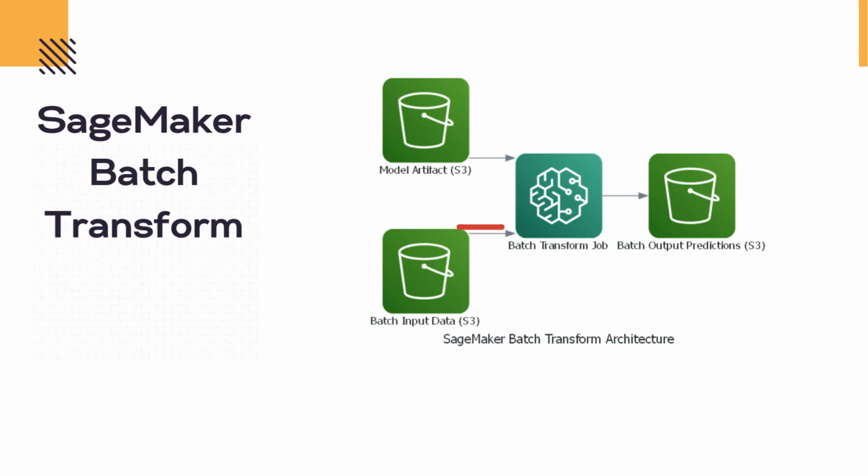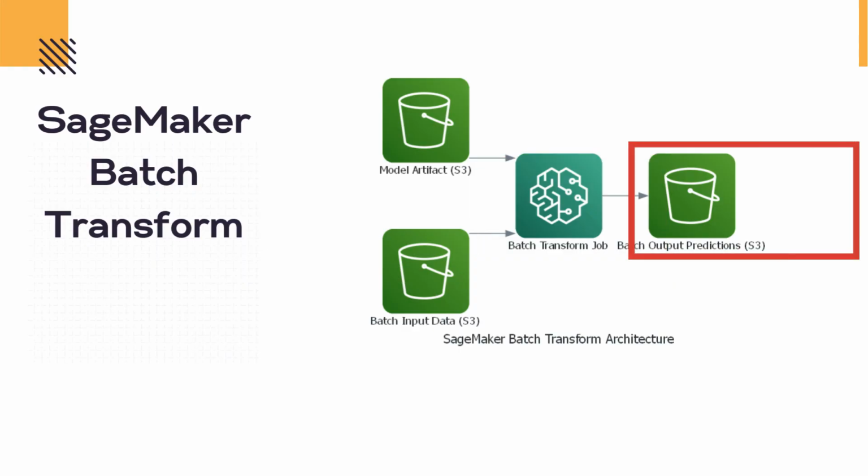When we start a batch transform job, SageMaker spins up inference instances, downloads the model artifact, loads it into memory, and reads the batch input data from S3. It automatically splits the input across multiple instances for distributed processing. Finally, the prediction results are written back into another S3 location. No endpoint is deployed, and everything shuts down automatically after completion. So this is fully managed, large-scale, offline inference.